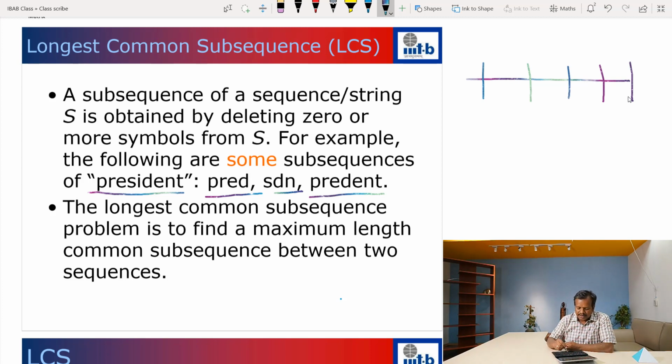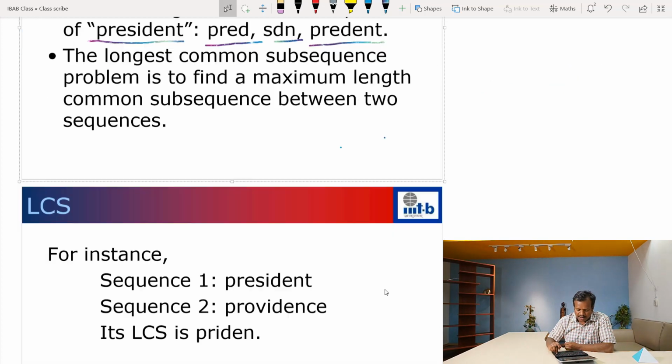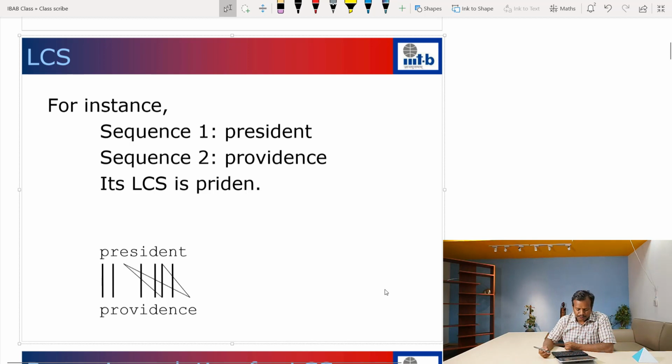Let's look at one example. In this example, two sequences are given. One is precedent, another one is providence. You can see that preden is a subsequence of both the sequences. I'll start marking why this is a subsequence of the first sequence.